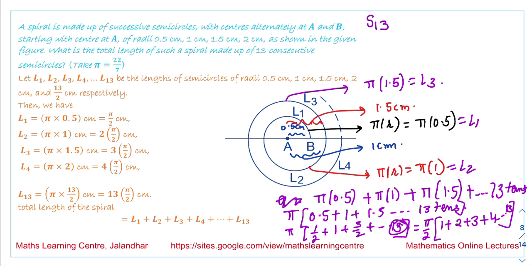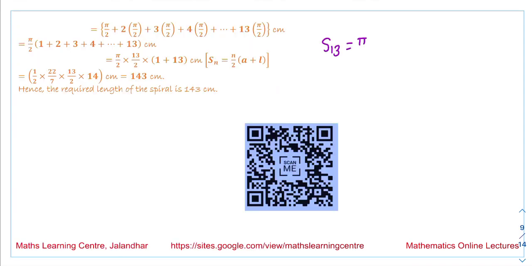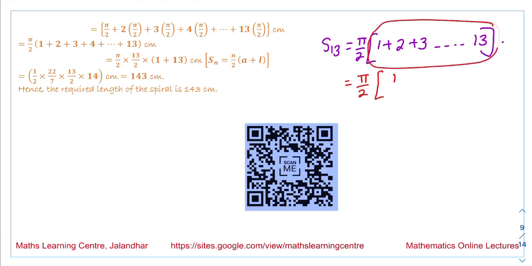Now S13 is equal to pi by 2 times (1 plus 2 plus 3, and so on up to 13). So what is the sum of the first 13 terms? The first term is 1, and n is equal to 13.